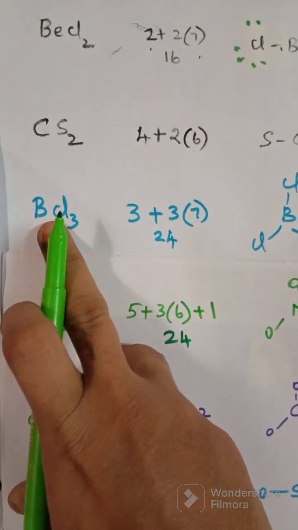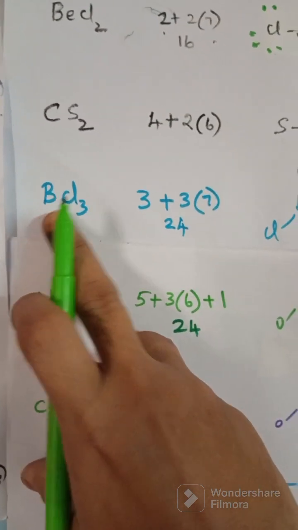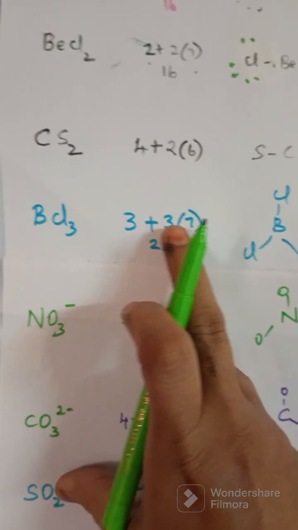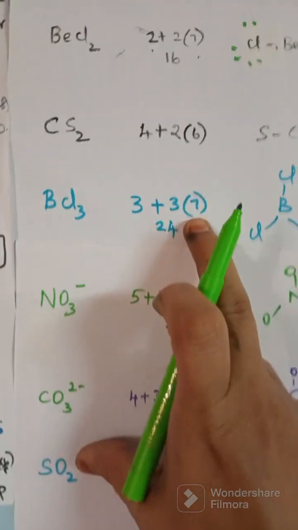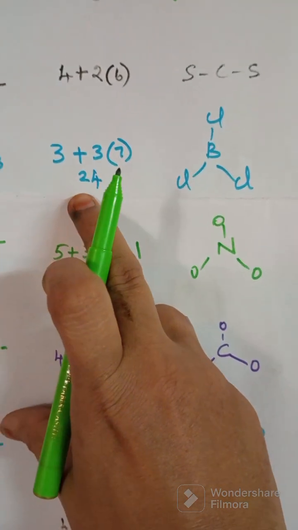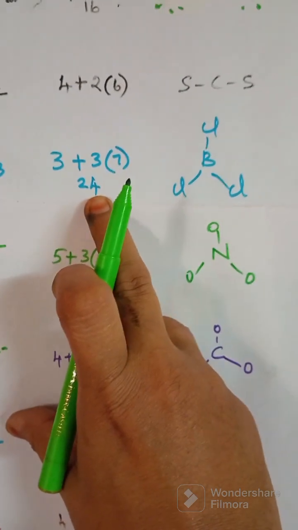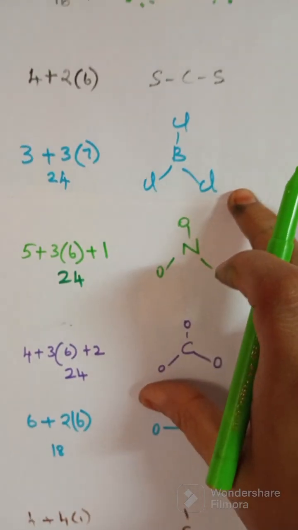Let us take the example of boron trichloride. The central atom is boron. It belongs to group number 3. 3 plus 3 surrounding chlorine atoms, and the group number of chlorine is 7, so it comes to 24. So there should be 24 electrons totally in the molecule. So boron is surrounded by 3 chlorine atoms.